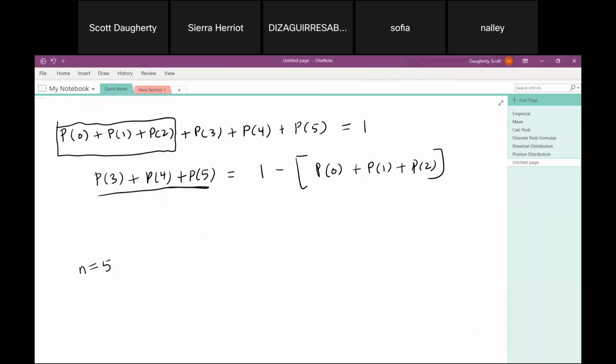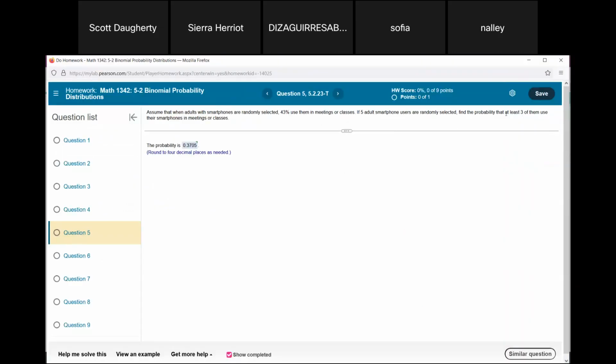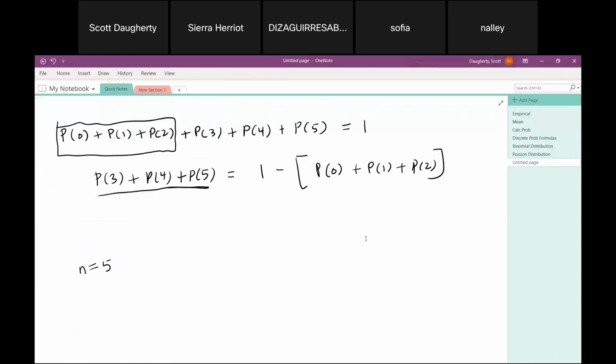Because if you look back at the problem, remember it wanted the probability of at least 3. So this is at least 3, right? 3 out of 5, 4 out of 5, or 5 out of 5. So this is the probability of at least 3 right here.